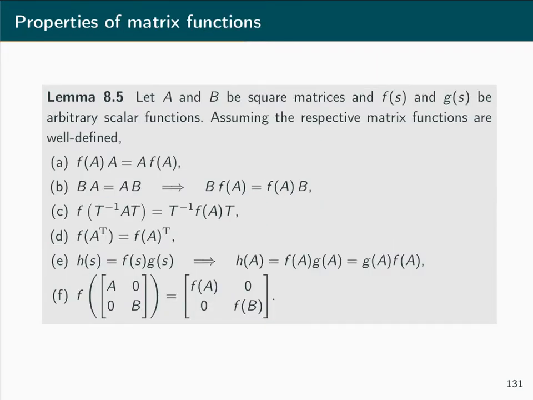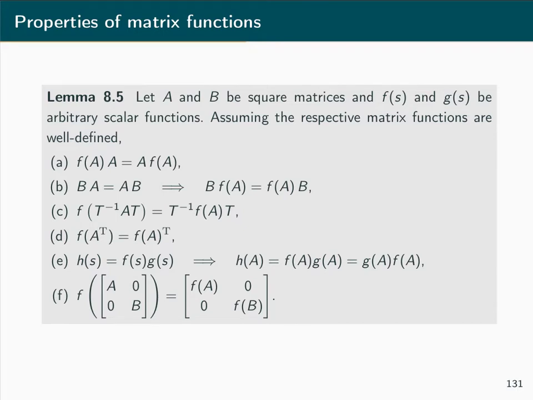Before we go on with using matrix exponentials and seeing how we can actually compute them, we first state a few helpful properties of general matrix functions in lemma 8.5. So let A and B be two arbitrary square matrices, and f of s and g of s be two arbitrary scalar functions.